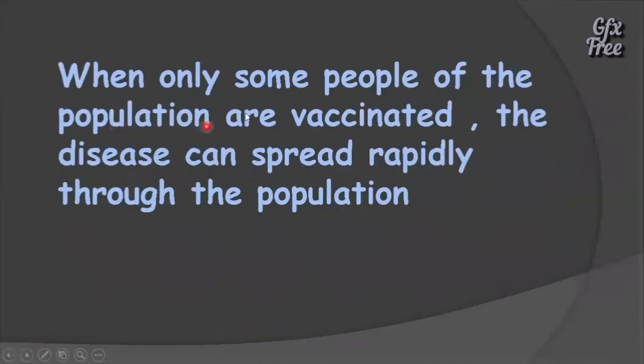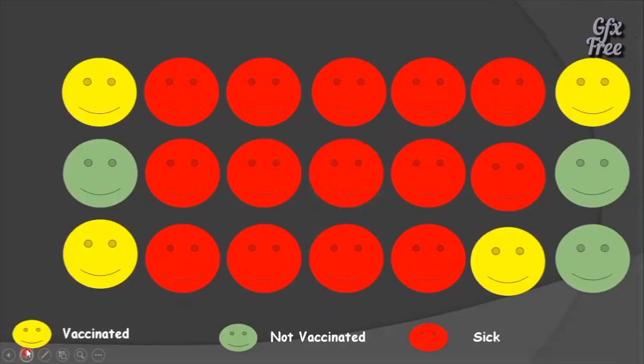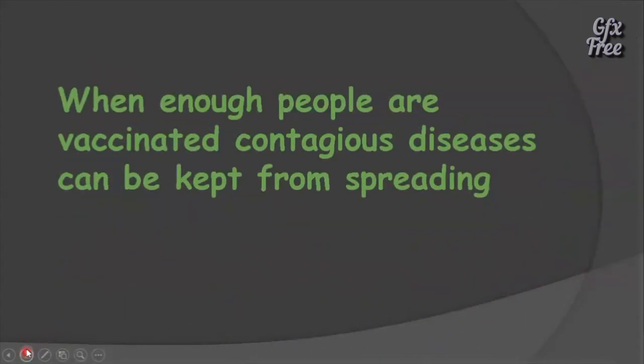So when only some people of the population are vaccinated, the disease can spread rapidly through the population. That is what has happened here. Because most of them are not vaccinated, the disease spread easily from one single infected person. But in herd immunity, when enough people are vaccinated, contagious diseases can be kept from spreading.